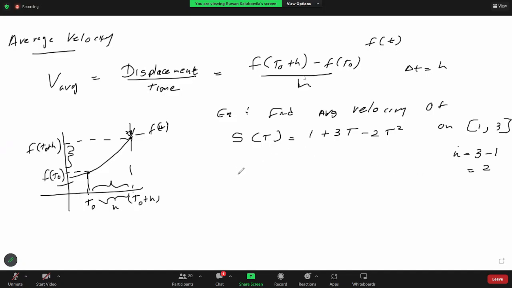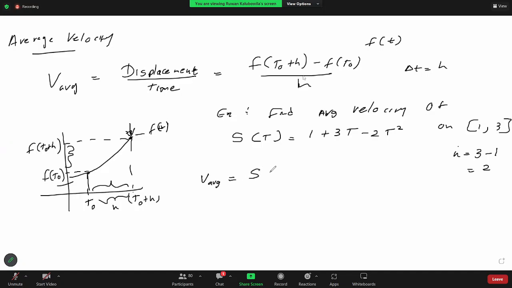Okay. Then let's apply the average velocity.